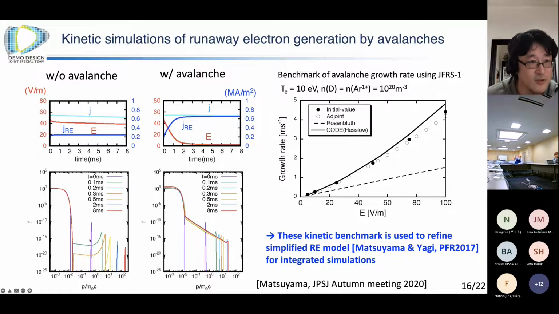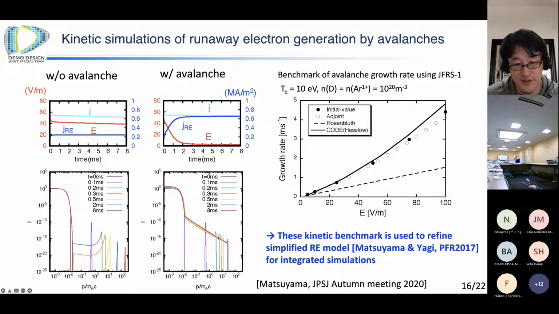If we do not have avalanche amplification, this seed just accelerates to high energy, and such a seed can decelerate to low energy. But if we have the avalanche mechanism, the runaway electron from this seed can scatter some electrons to runaway energy. As a result, this can lead to this kind of exponential tail in the high energy region. So this can be the dominant mechanism for runaway electron generation during the disruption.